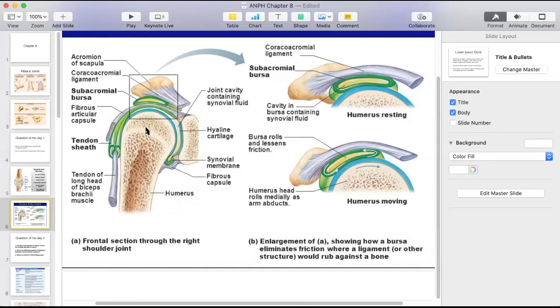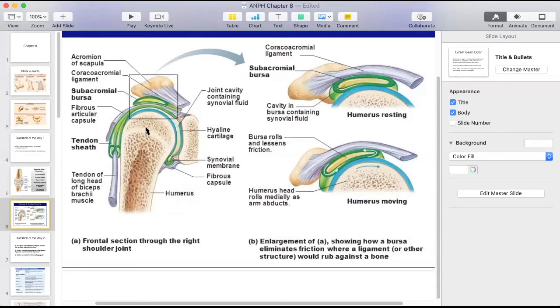And now we have 2 structures, the bursa and the tendon sheath. Now, these are designed to fit between 2 articulating structures, and the goal is to reduce friction. And one example is in the shoulder joint, where the coracoacromial ligament is going to rub against the articular capsule of the upper arm.